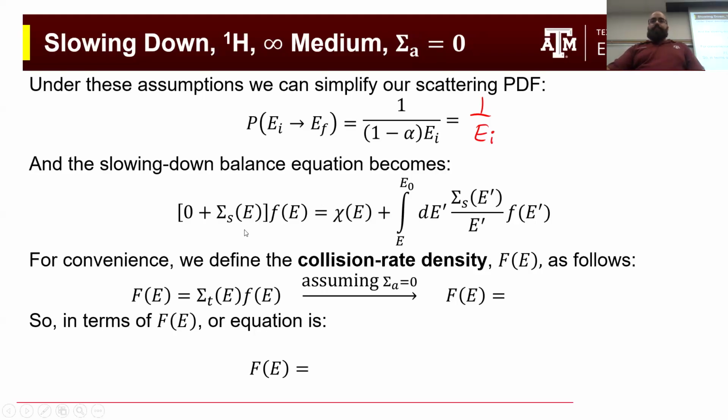What I've done here is I've also simplified. This was my d times bg squared term, but it went to 0 because bg squared went to 0 for an infinite medium.